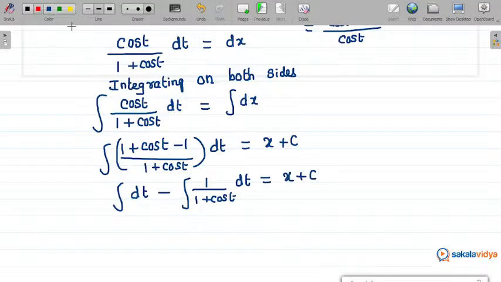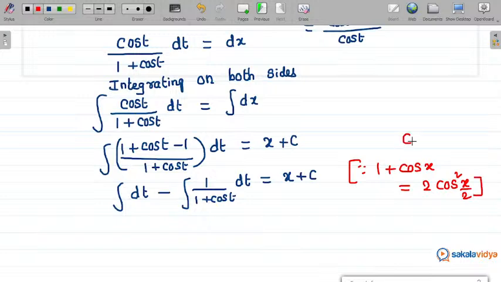See, since we have 1 plus cos x equals 2 cos square x by 2. This is the formula, this concept we need to use. This is the formula for multiple and submultiple angles. 1 plus cos x is equal to 2 cos square x by 2.